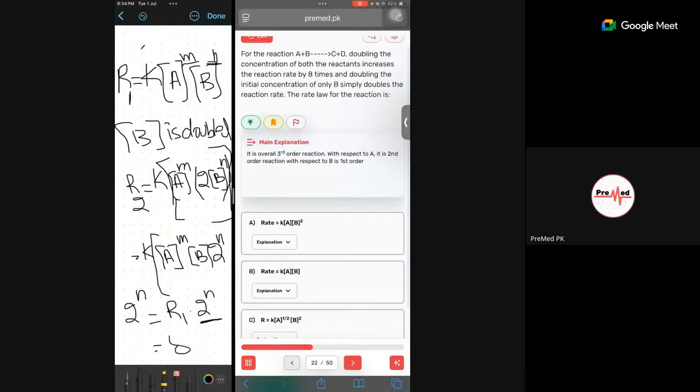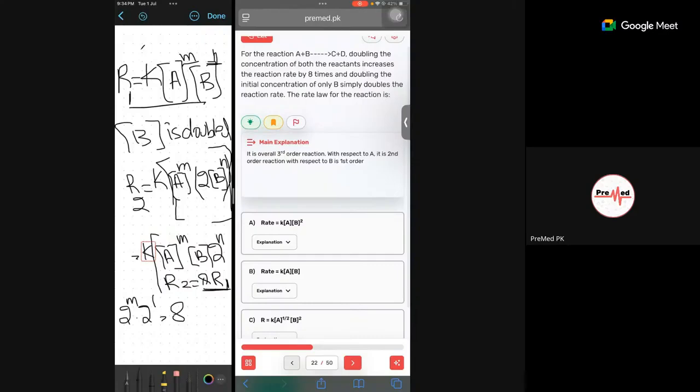How is it? Let me solve it for you guys. If we see that the third rate is equal to 8 times of rate 1, as we saw in the MCQ. Now what happens with us is this thing. I just did directly. We will make the equation as 2 to the power m times 2 to the power 1, which is equal to 8 times R1.